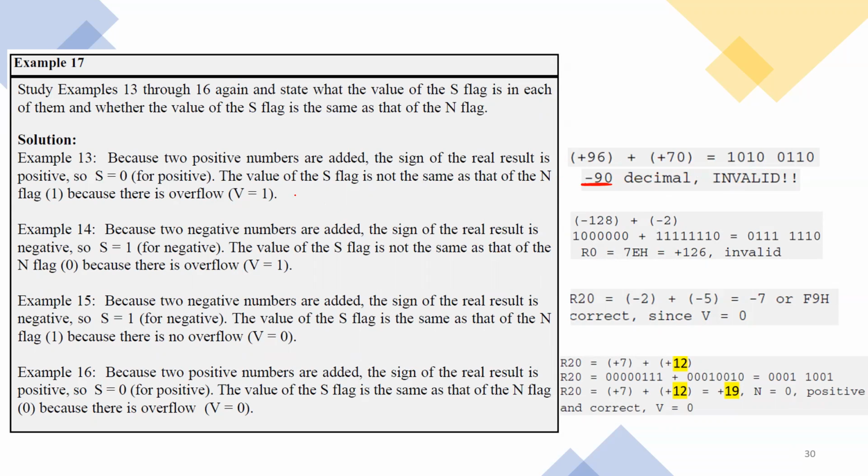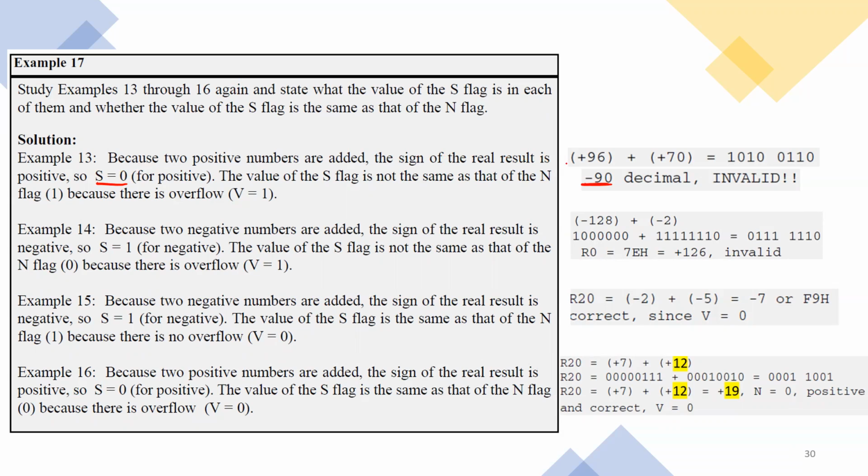Let's see here. Because two positive numbers are added, the sign of the real result is positive. In this case, guys, you will find S equals 0. So S equals 0 means our answer is positive.